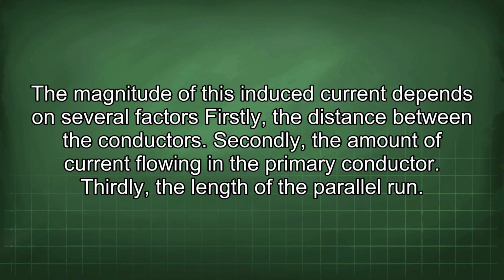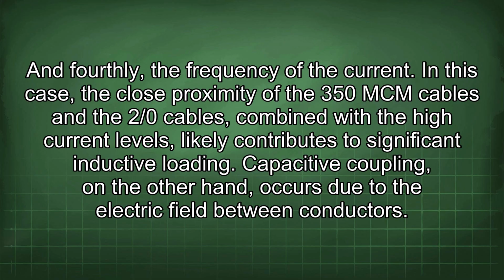Firstly, the distance between the conductors. Secondly, the amount of current flowing in the primary conductor. Thirdly, the length of the parallel run. And fourthly, the frequency of the current. In this case, the close proximity of the 350 MCM cables and the 2/0 cables, combined with the high current levels, likely contributes to significant inductive loading.